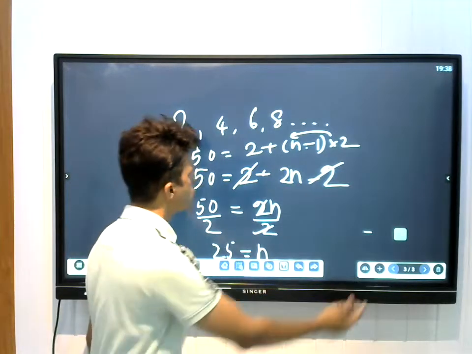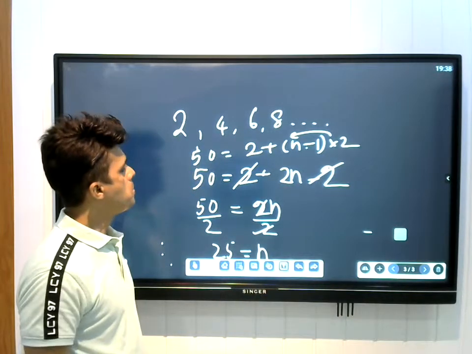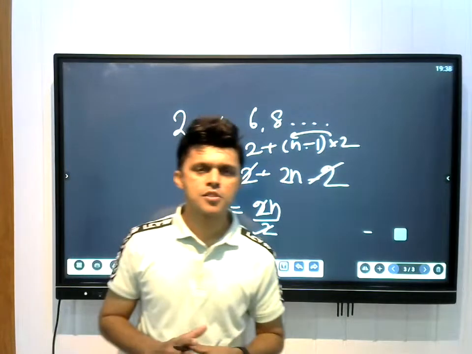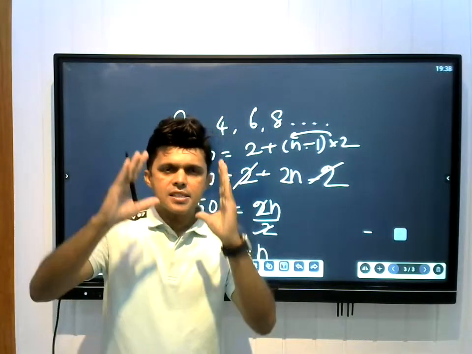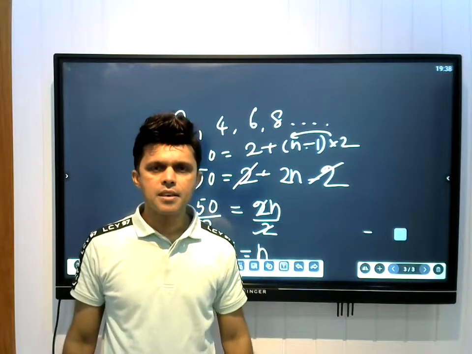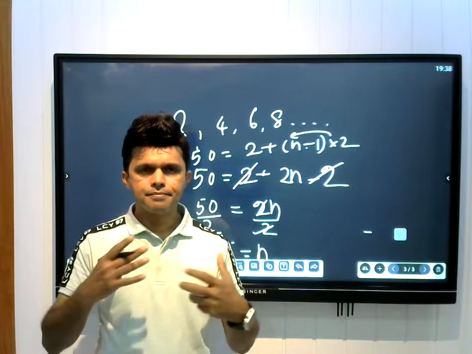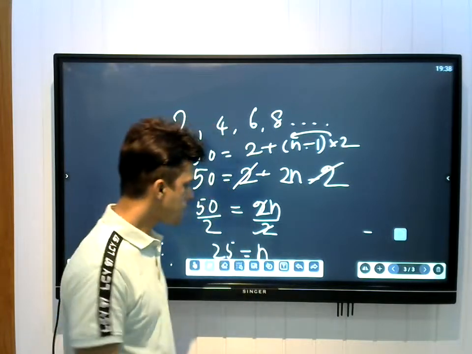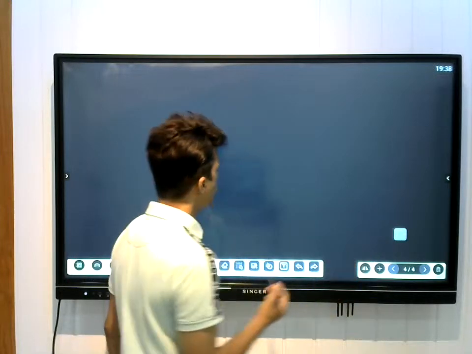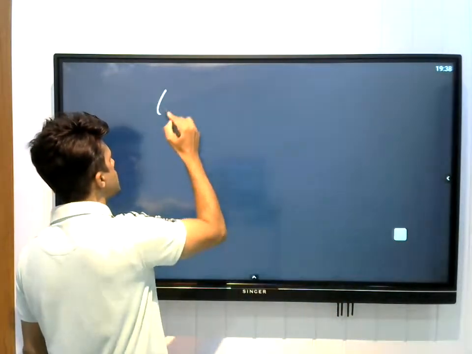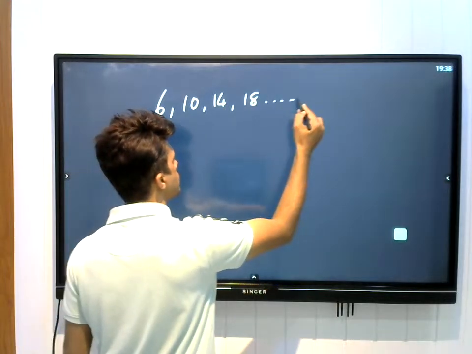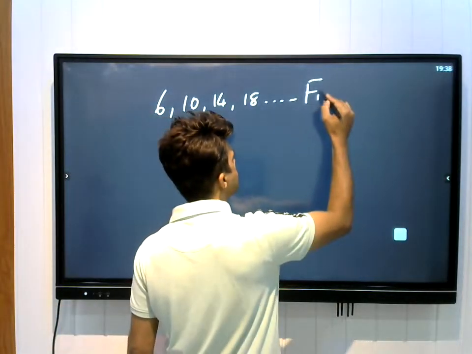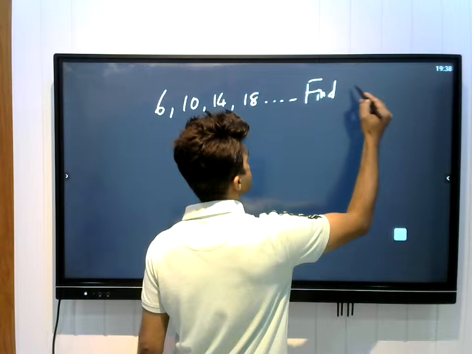And also we could do the sum of n terms of an AP. Finding the sum of n terms of an AP can be learned right now. You are given 6, 10, 14, 18 and so on. Find S3.